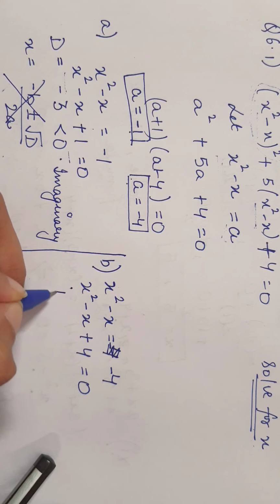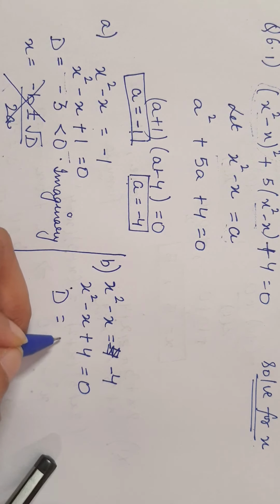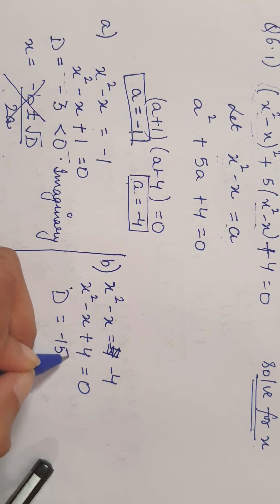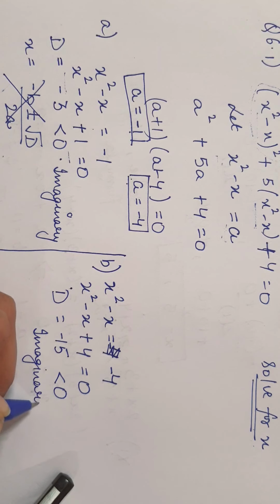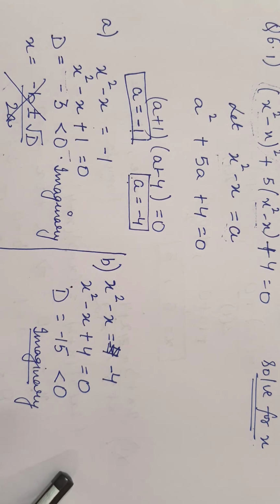And the discriminant in the second case, if you have solved, is minus 15. Again, it is less than 0. Imaginary roots, so it needs no solution for class 10th. So the question becomes easier in this case.